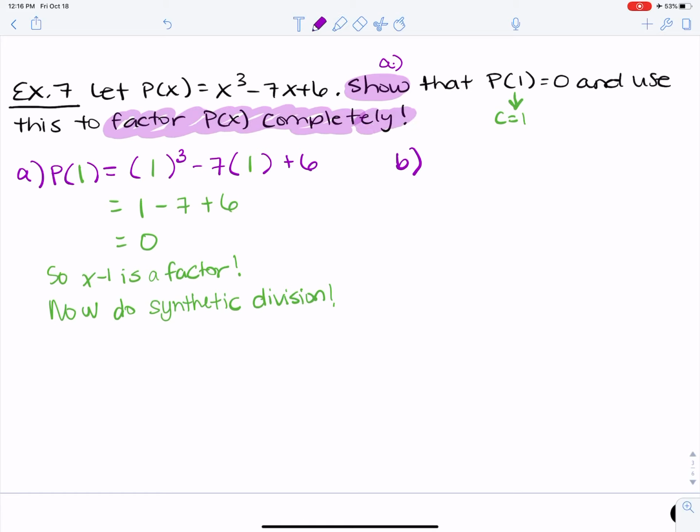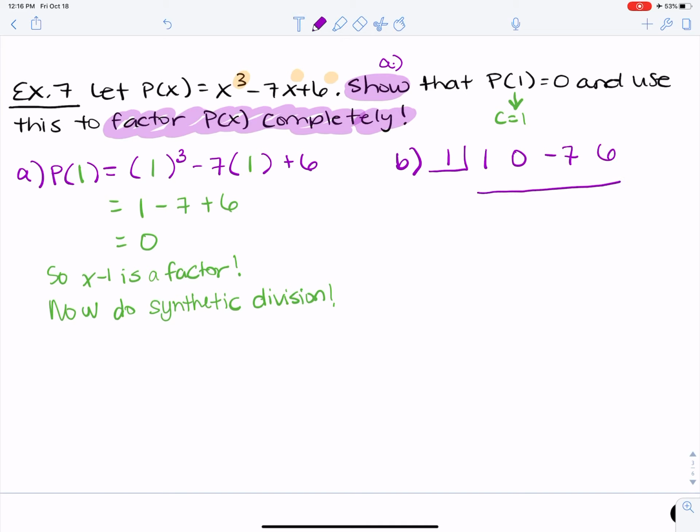So we're going to plug in 1. And our coefficients in decreasing order, for the x cubed it's a 1, for the x squared it's 0, for the x it's a negative 7, and for the no exponent it's 6. And now we are able to solve.